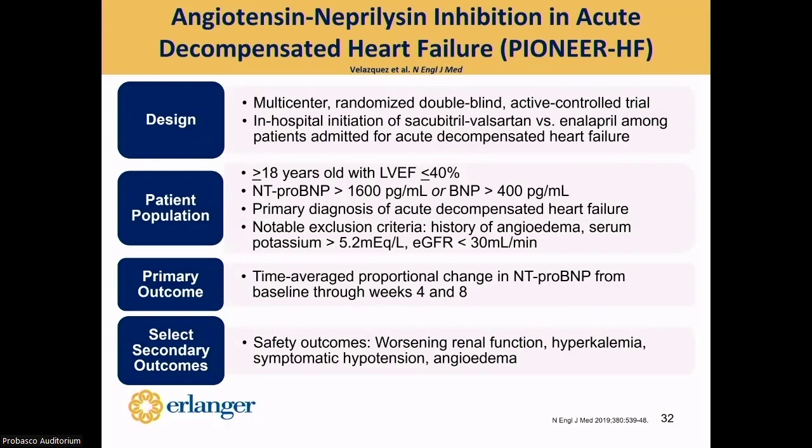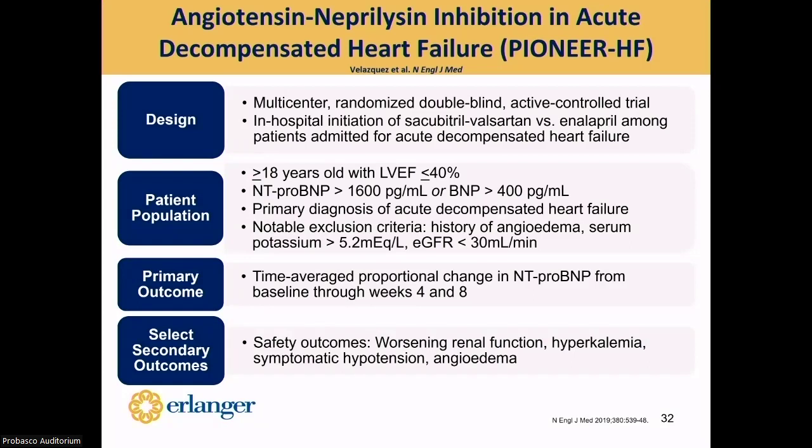So I'd like to start with our first trial called the PIONEER-HF trial. This was a study done by Velazquez and colleagues. It was a multi-center randomized double-blind active controlled trial that looked at the in-hospital initiation of Entresto versus enalapril among patients with acute decompensated heart failure. They included patients with ejection fraction less than 40, elevated natriuretic peptides, and a primary diagnosis of acute decompensated heart failure.